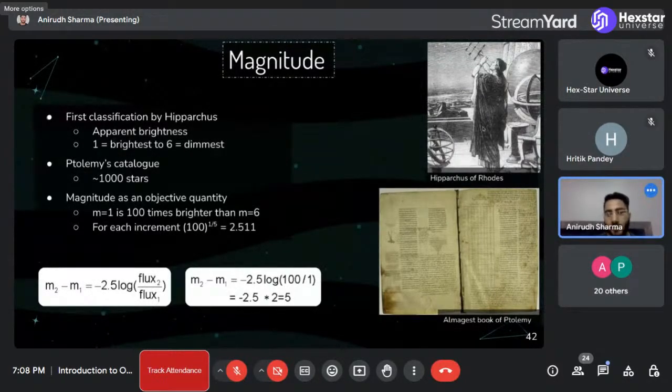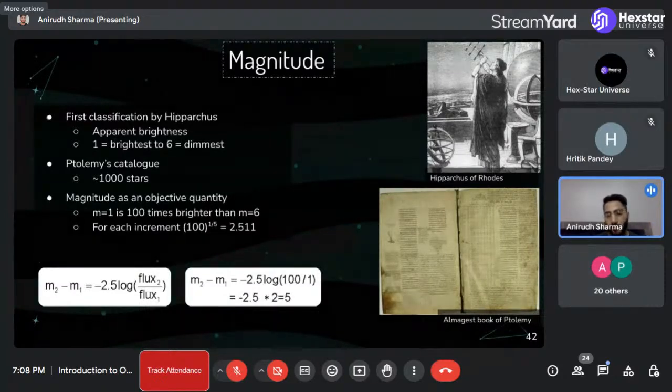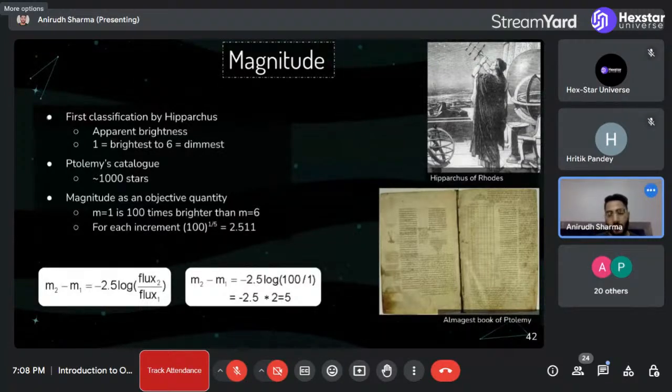So last time we read about Hipparchus of Rhodes, and he was the guy who basically gave us the method to measure brightness, and he did it like a ranking system in which he went from bottom to top, and he gave the number 6 to the dimmest object in the sky and 1 to the brightest. In his catalog, however, it was only about stars and not about the moon or sun or planets.